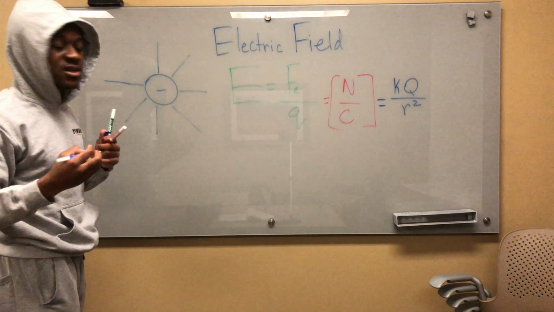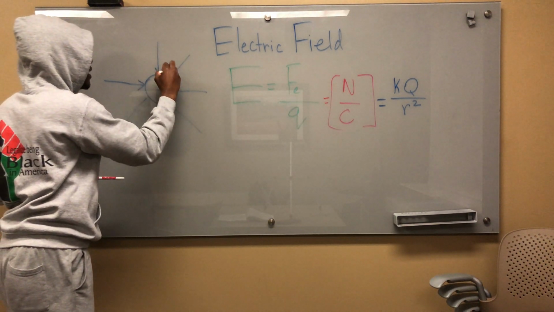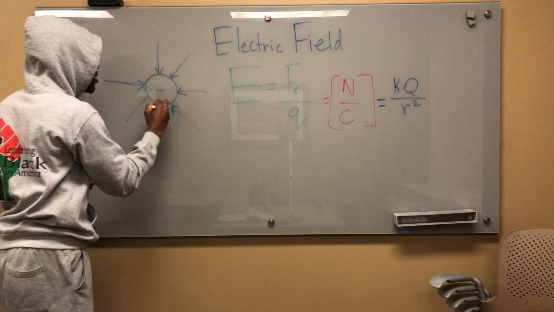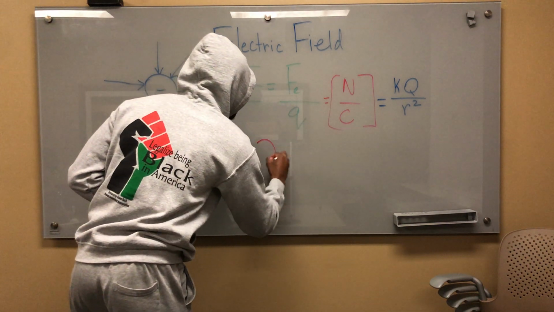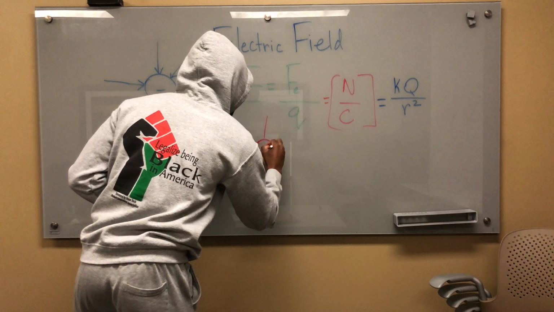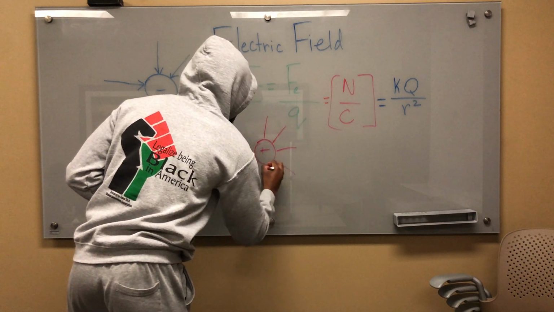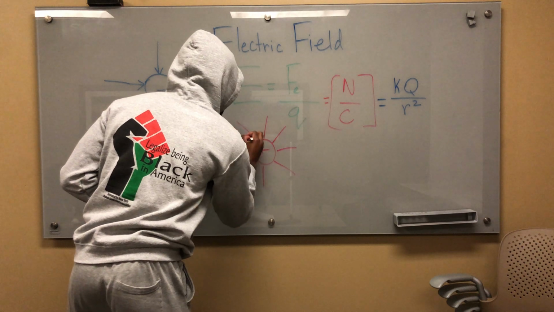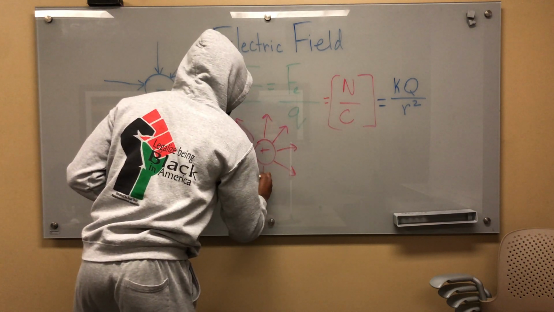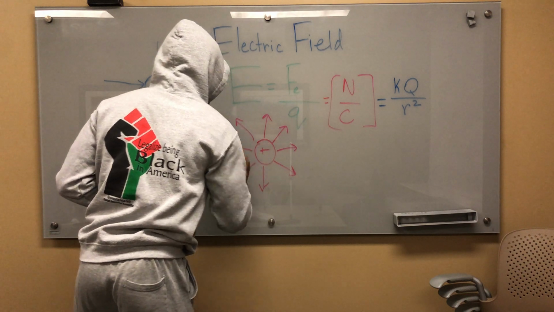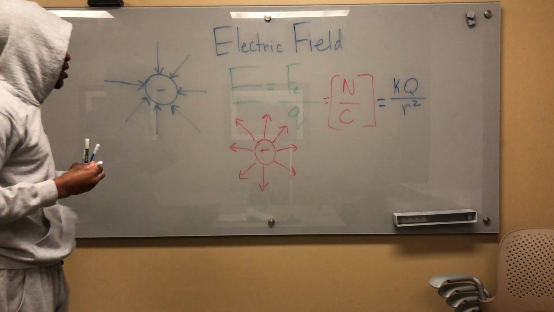We're going to notice that when things are negative, the field lines are going in, because things always travel from positive to negative. And when things are positive, we have field lines going out. So it's like this. So those are field lines.